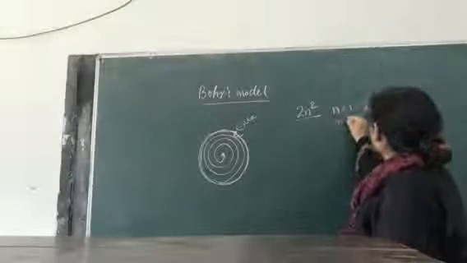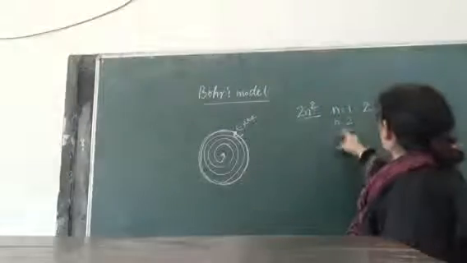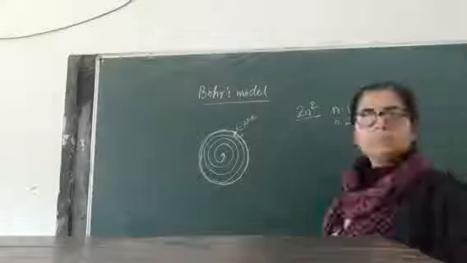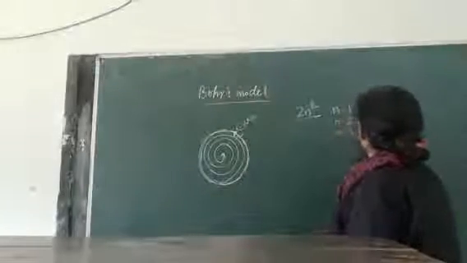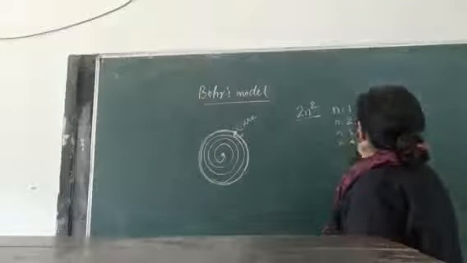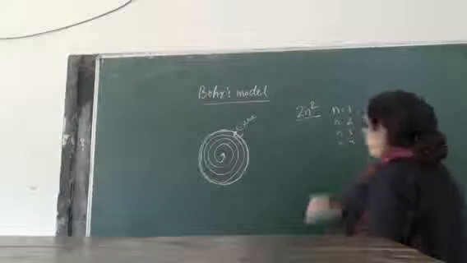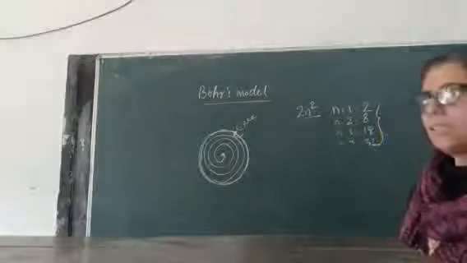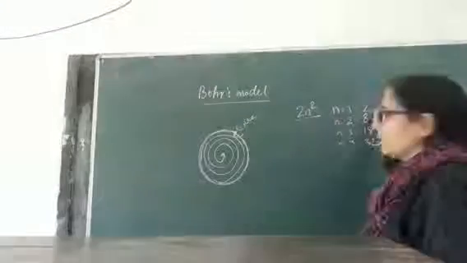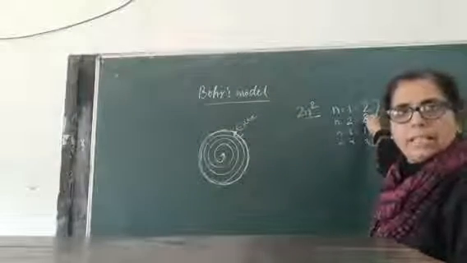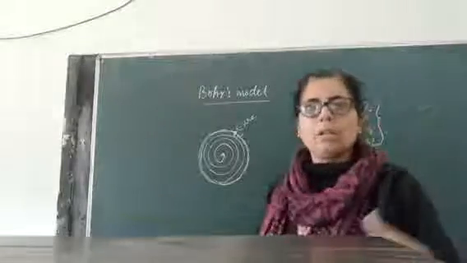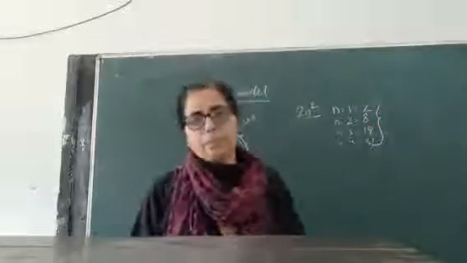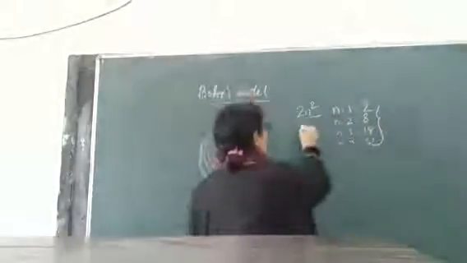When n is equal to 2, the second shell should contain 8 electrons. When n is equal to 3, 18, and when n is equal to 4, 32. So this rule is 2, 8, 18, 32. But this concept of the 2n square rule was applicable only up to calcium.